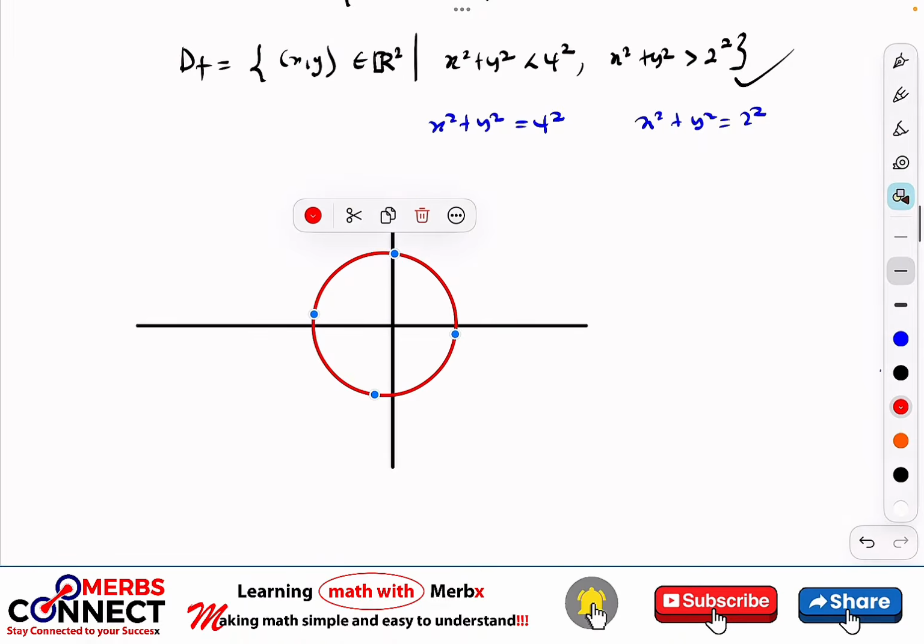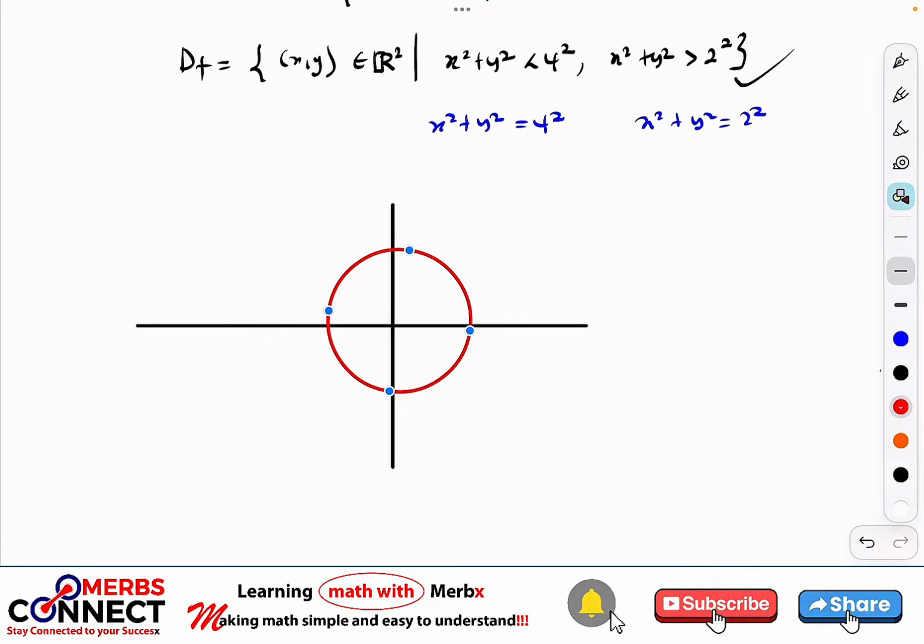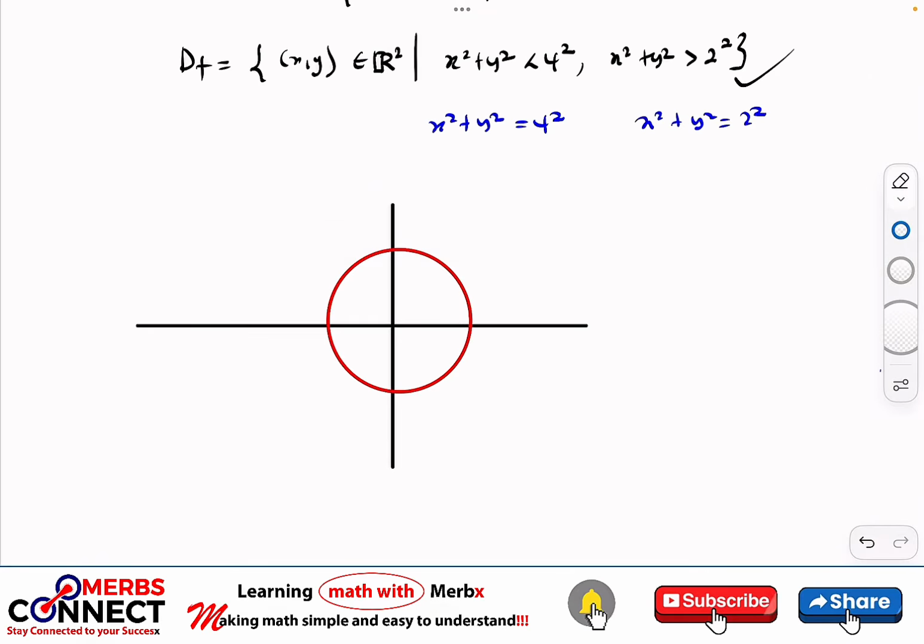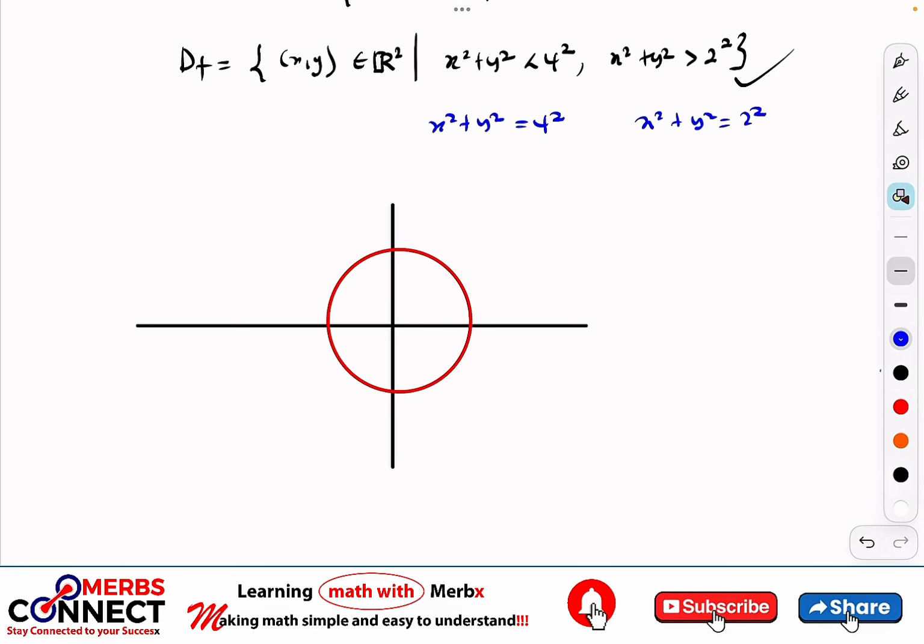Let me assume that this one that I have here is the one with the radius 2. So I'm going to have minus 2, 2, minus 2, 2. Now let me have another one on it.